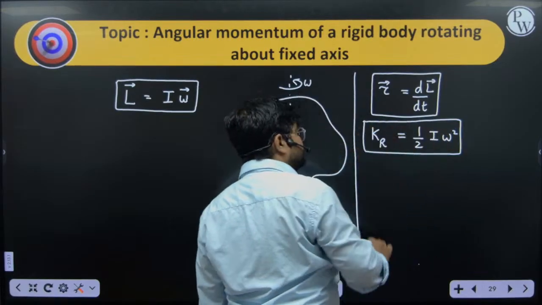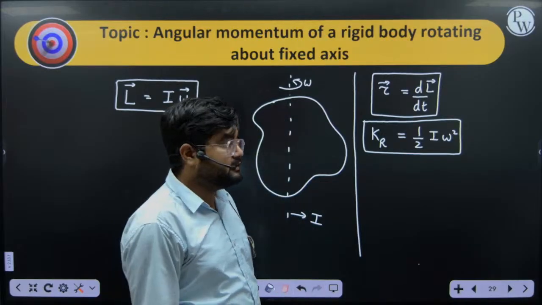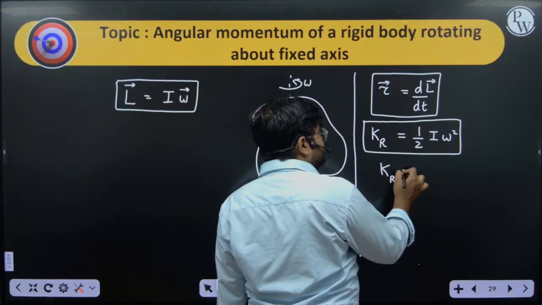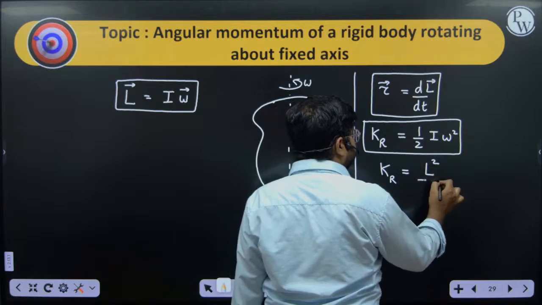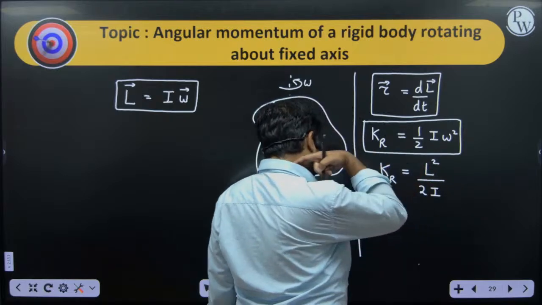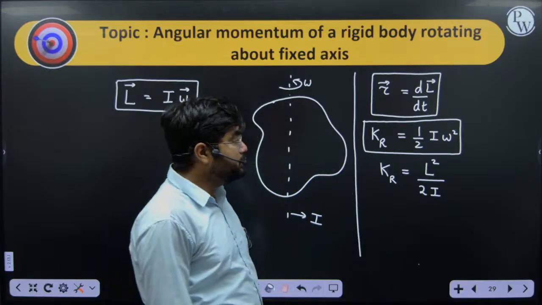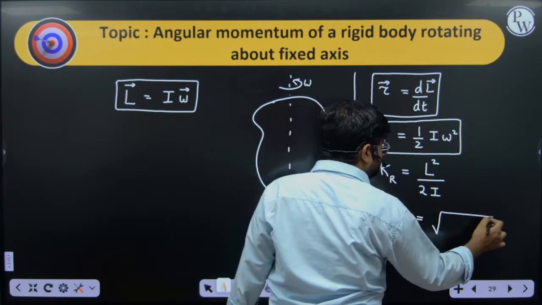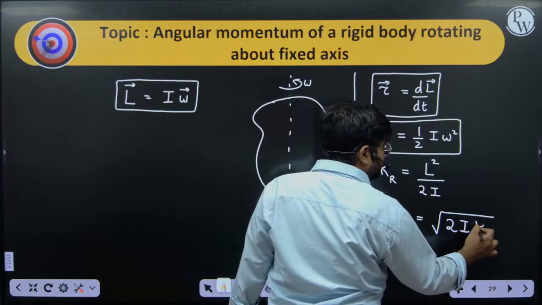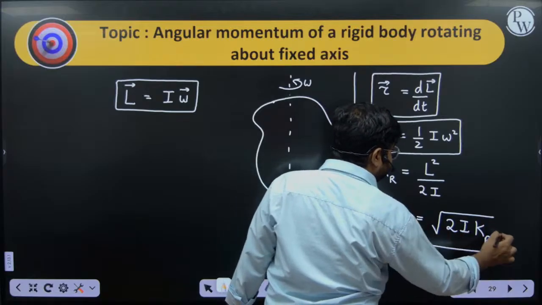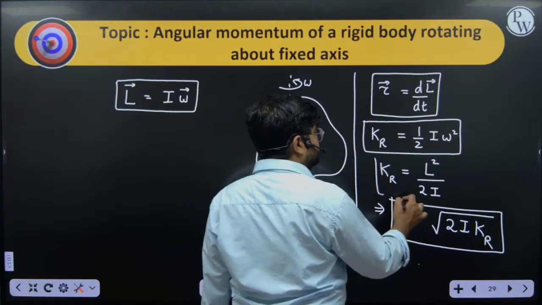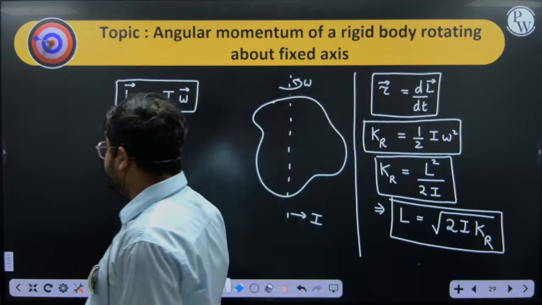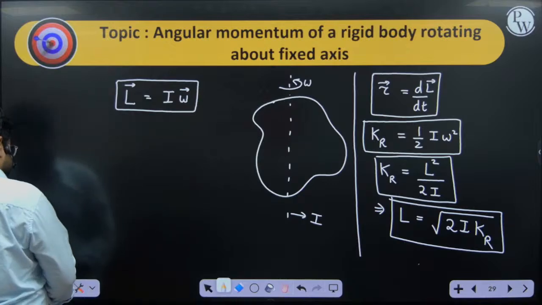Now, rotational kinetic energy can also be written as angular momentum square by 2I, or angular momentum can be written as under root 2I times kinetic energy of rotation. Both ways you can write it. So these are some other formulas that we should remember. Very common questions come from these formulas.